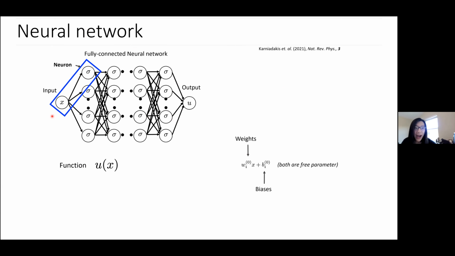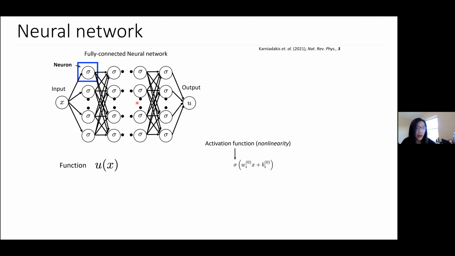When we pass information from the input parameter to the first neuron, what we do is simply multiply the input with some weight and add a bias. And then we apply some nonlinear function called the activation function. Common choices of activation functions are hyperbolic tangent or sine.